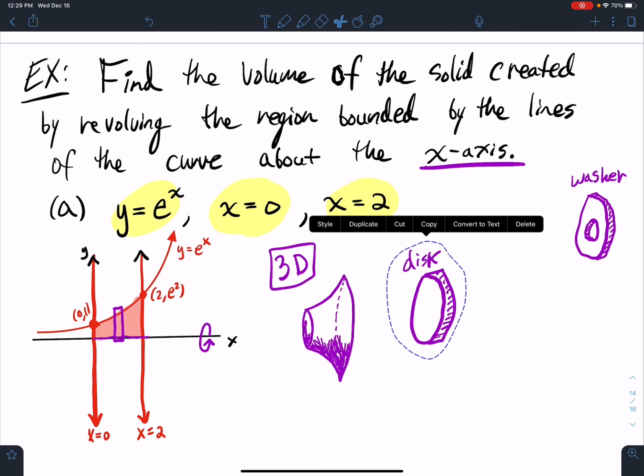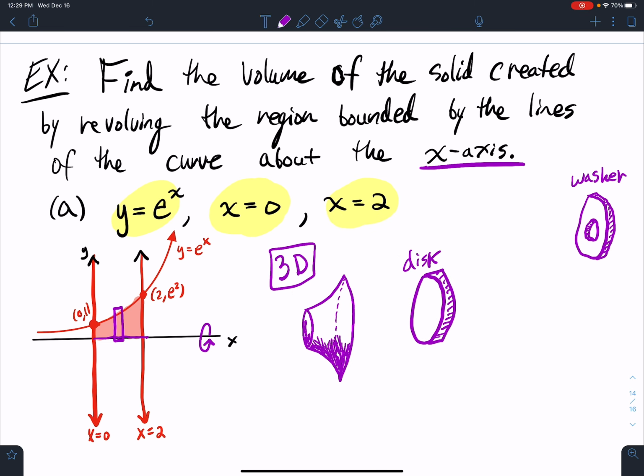How do I find that volume? Well, each cross section looks like a little cylinder. So how do I find the volume? I need to find the area of the surface and then multiply that by the width. The width here is delta x. So one of those disk volumes is equal to what?